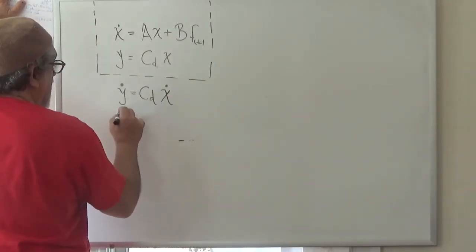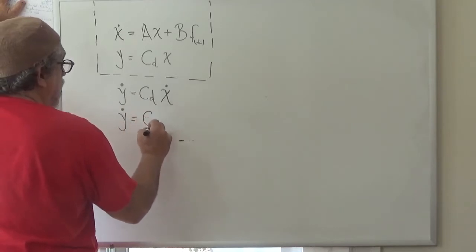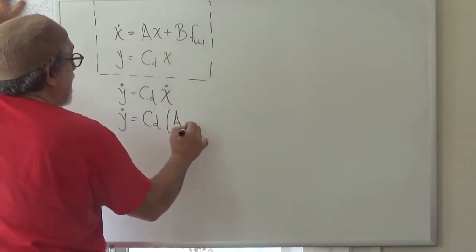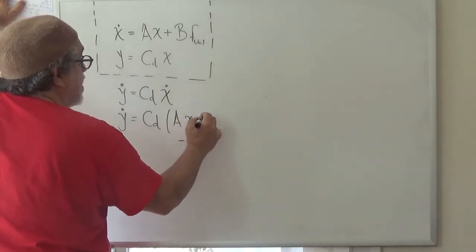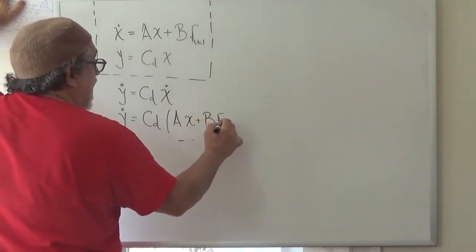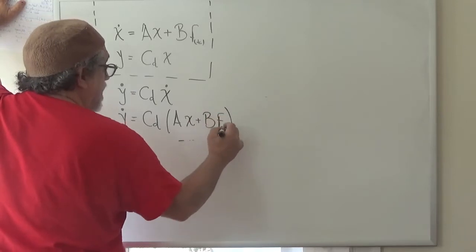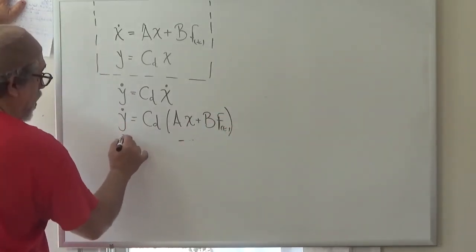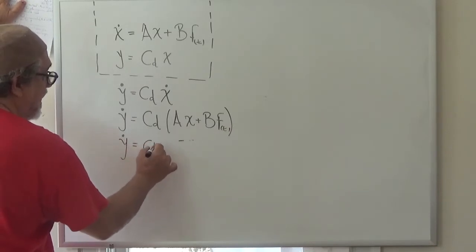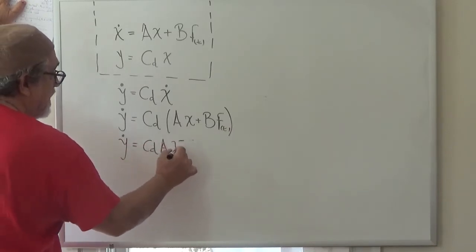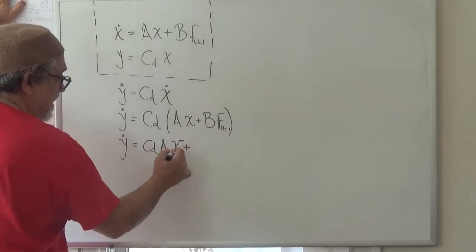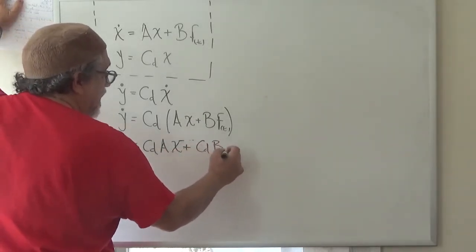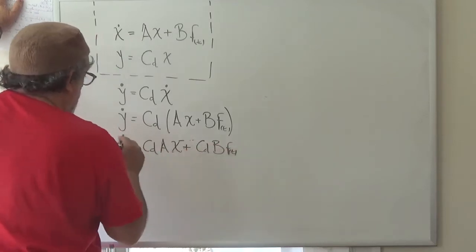Therefore, we can say that the measured velocity would be CD times (AX plus BF), right? Function of time. And so multiplying, we'd have that y dot is equal to CD times A times X, or times the state, plus CD times B times the load, right?